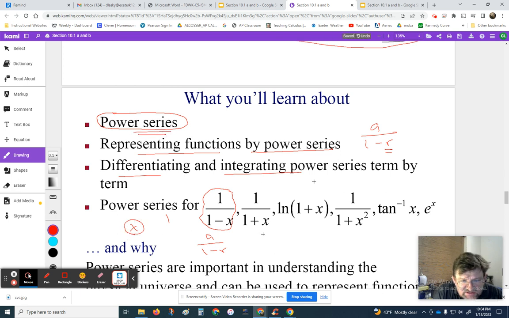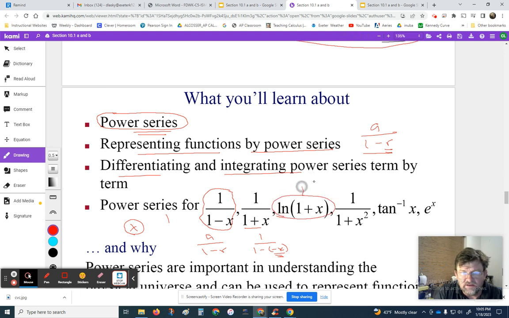So now I look at this one. How do I make this here? Well, that's going to be 1 over 1 minus negative x. My r is negative x right there. So that's a crucial piece. Then you're like, well, how the heck does this fit into it?